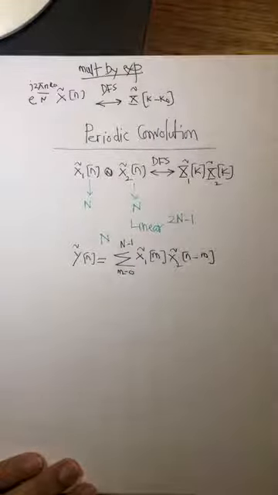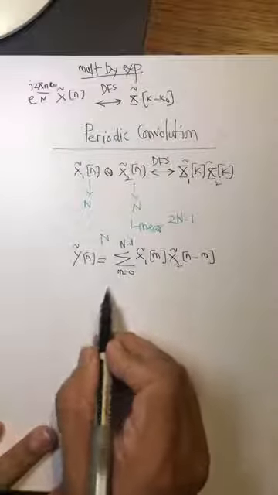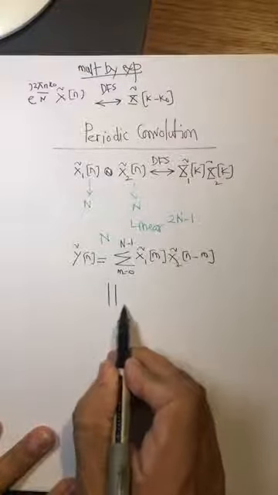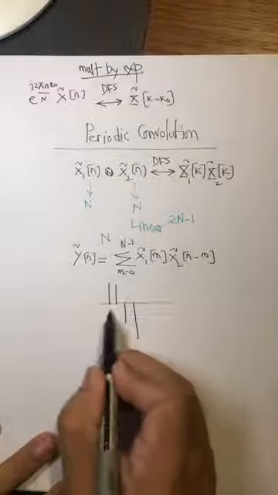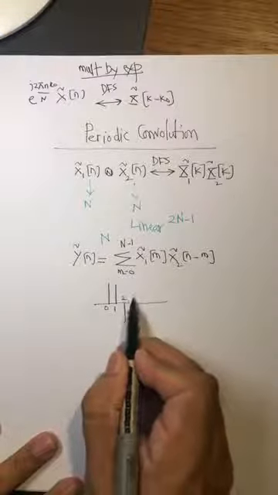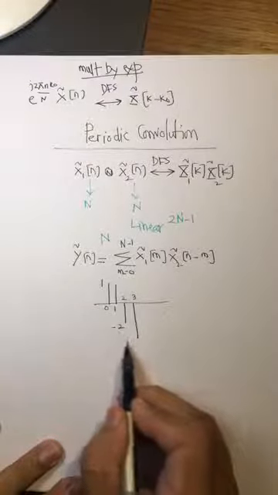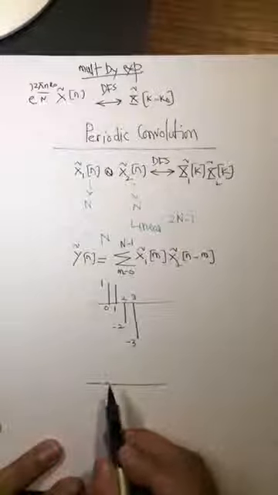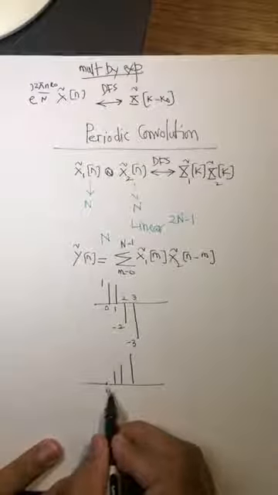First, remember what we used to say. For example, if I ask you to convolve these two signals, 1, 1, minus 2, minus 3 at 0, 1, 2, 3, this is the first periodic signal, and let's say the second periodic signal is this, 0, 1, 2, 3.